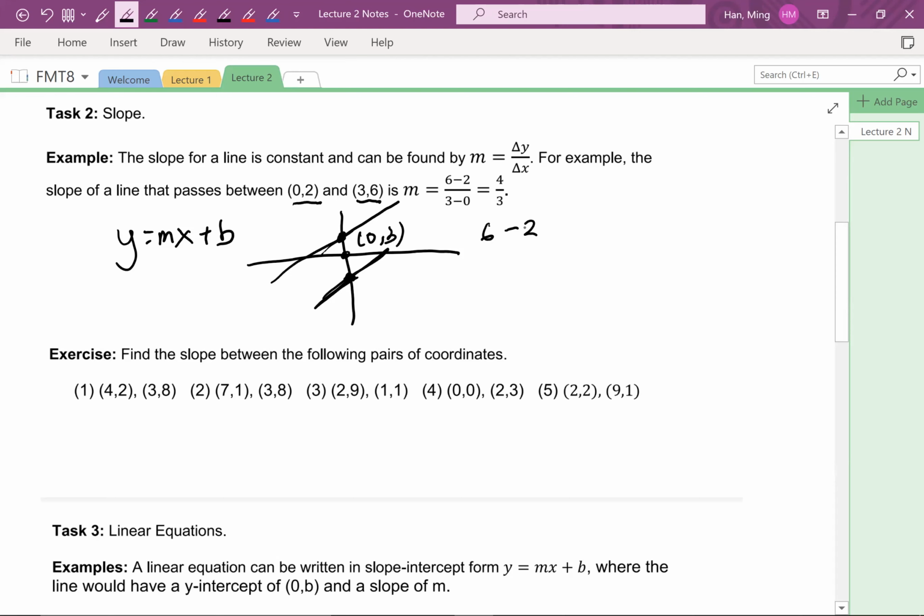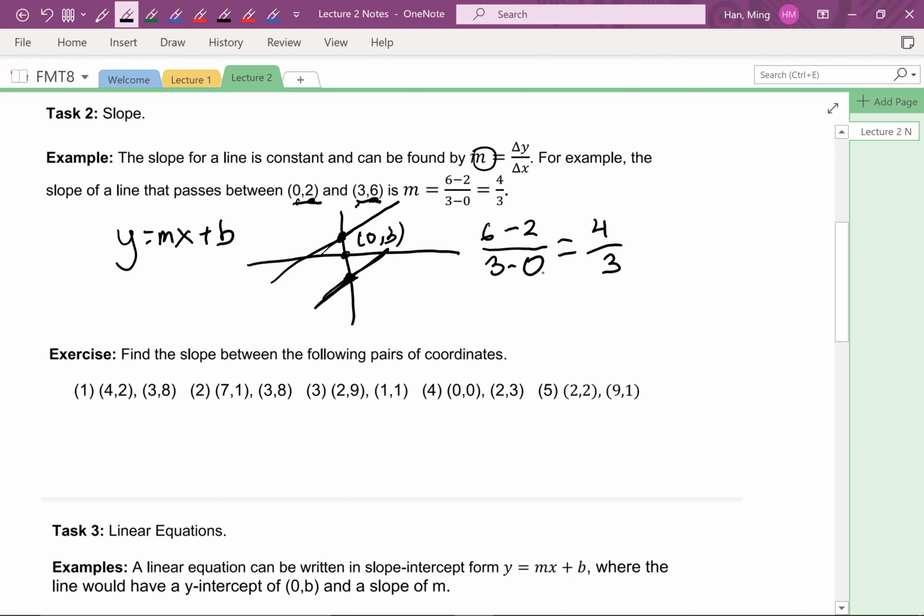So 6 minus 2. So this is one y value, this is the second. And then we take the difference between the x values, which is 3 and 0. So we can take 3 minus 0. And that gives us 4/3. So that means that m, which is our slope, is equal to 4/3.